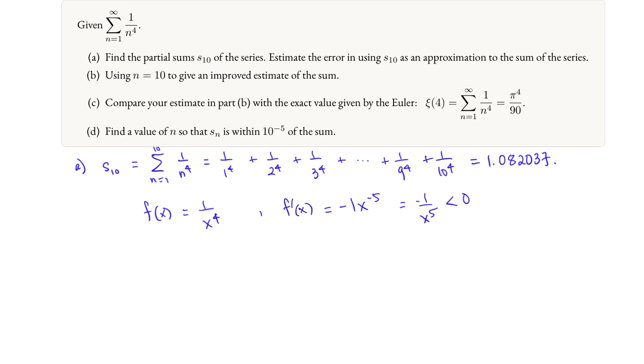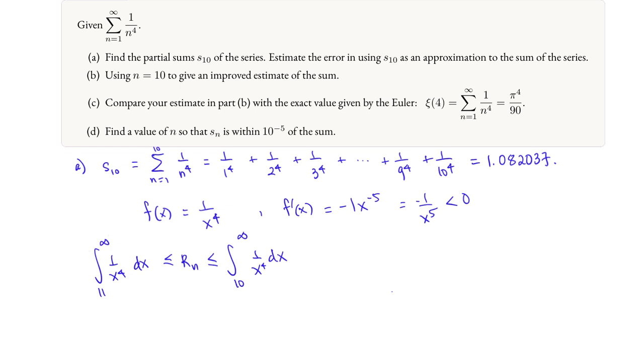And so the theorem says that whatever the remainder is, it is going to be between the two improper integrals, 10 to infinity, 1 over x to the fourth dx, and the other integral is 11 to infinity, 1 over x to the fourth dx. Notice that the area under the curve 1 over x to the fourth from 10 to infinity is more than the area under the curve 1 over x to the fourth from 11 to infinity.